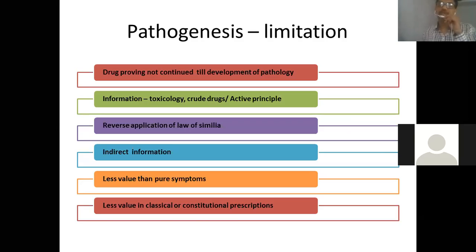Therefore, this term has certain limitations. The first limitation is that it is indirect information. It is not the direct information given by the drug prover. It is indirect information retrospectively collected after study of the symptoms. So whatever information is mentioned in the homeopathic materia medica about pathogenesis is indirect information.